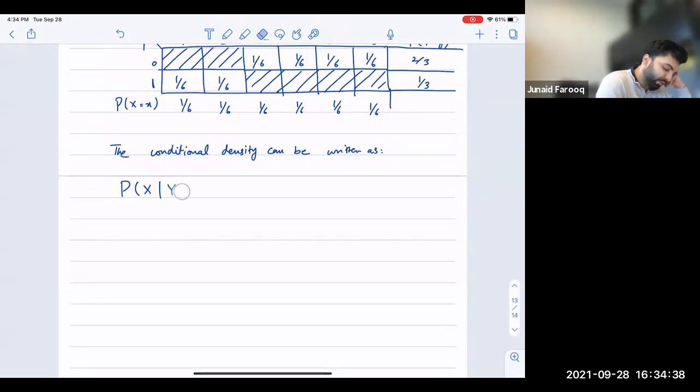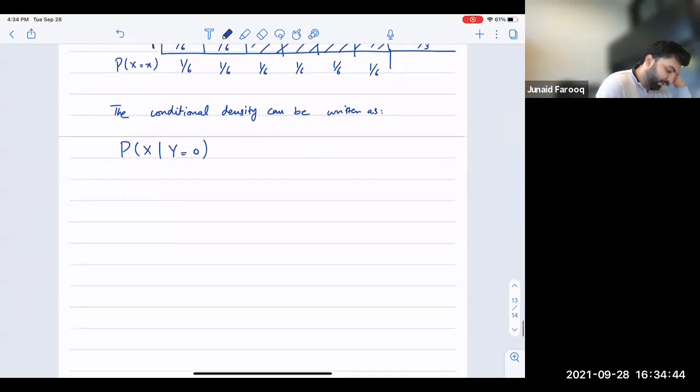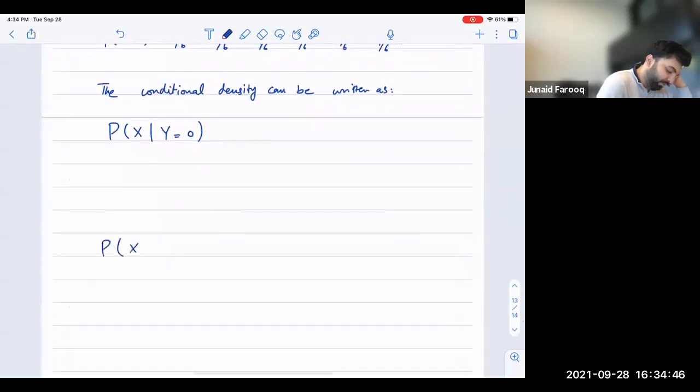X given Y is 0 is a different random variable, and X given Y is 1 is a different random variable, so they can have different densities.